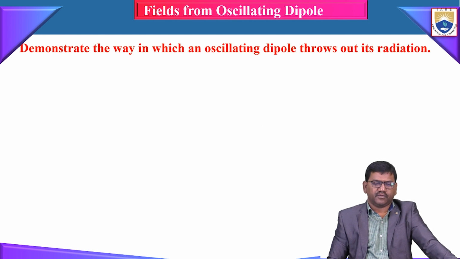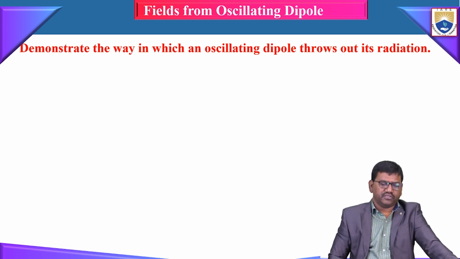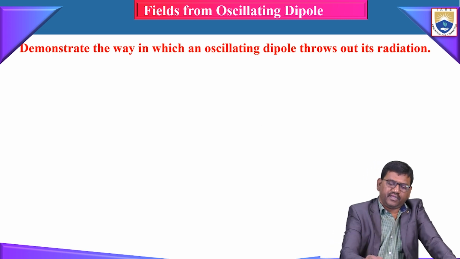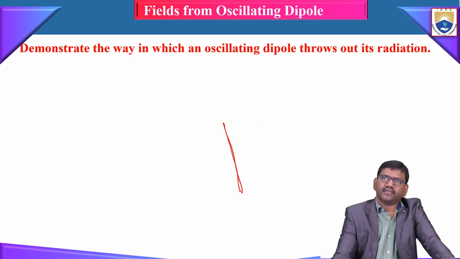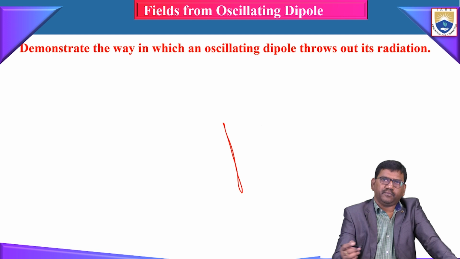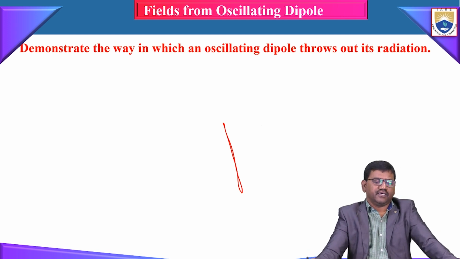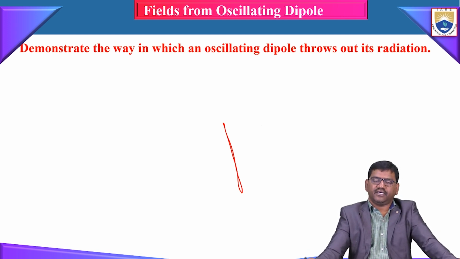The next one is to demonstrate the way in which an oscillating dipole throws out its radiation. Whenever we apply some amount of current to a dipole antenna, a dipole is nothing but a small conductor which has the same magnitude at both ends but with opposite polarities.